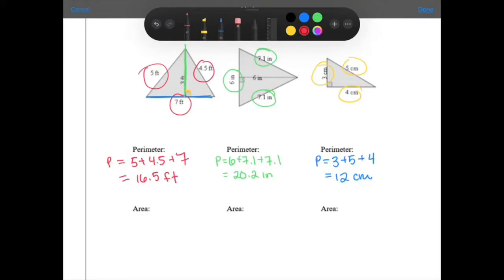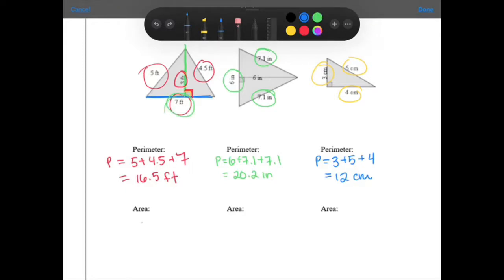So this right here is our height because it's perpendicular, forming a right angle with a line that goes all the way to the top of the triangle. So 3 feet is our height.